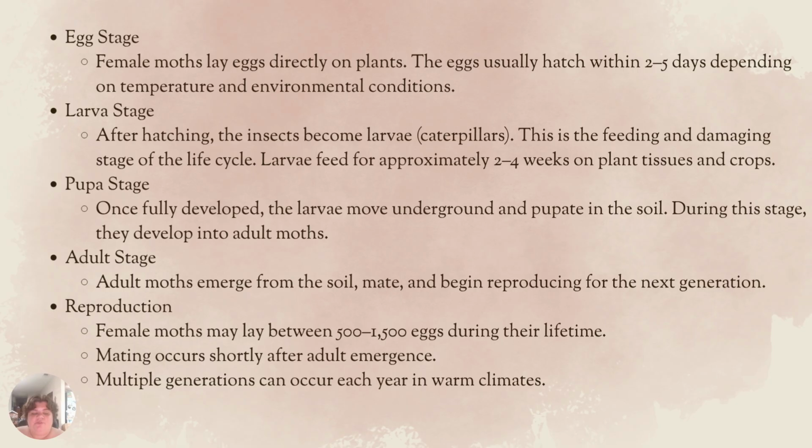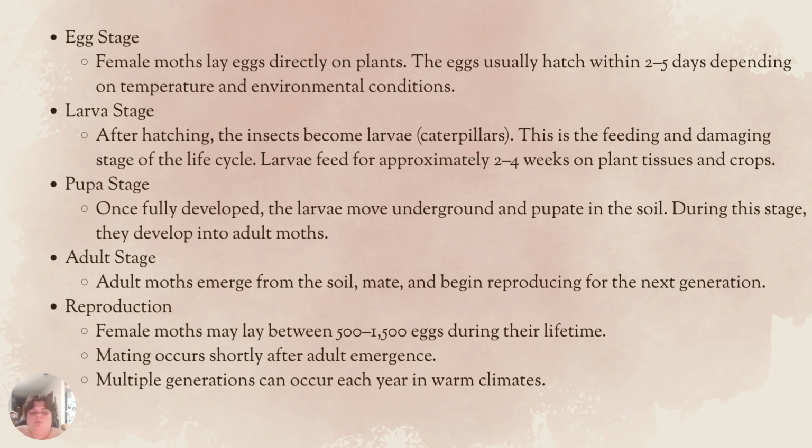In the adult stage, after the pupa stage, the adult moths will emerge from the soil, mate, and then begin reproducing for the next generation. Female moths will lay between 500 to 1,500 eggs during their lifetime, and they mate right after they emerge out of the soil.